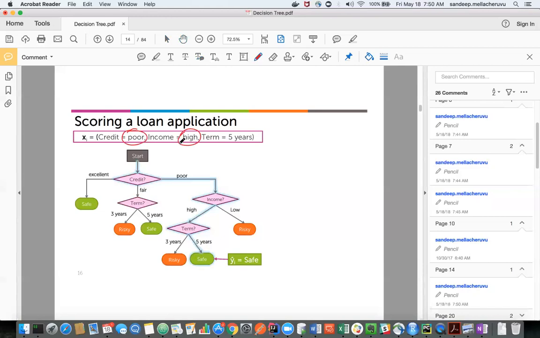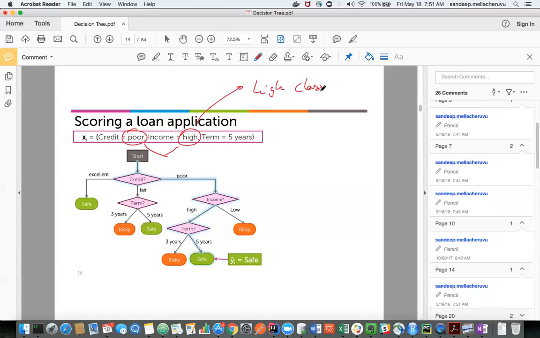You can see clearly here, the credit history is poor and income is high. I don't know, Vijay, if you know about the recent happenings in India. I do not know really about the US, but in India, when income is high and credit history is poor, it is very difficult to get a loan, because he is of some kind of a high class person, and he is more likely to fly off from India.